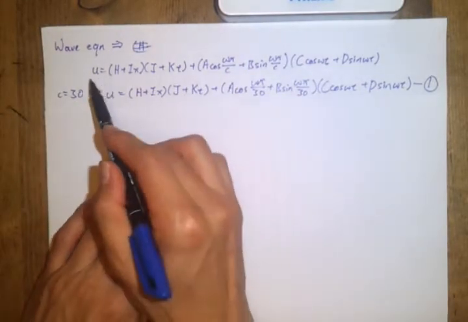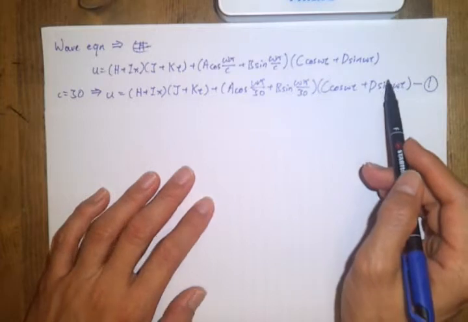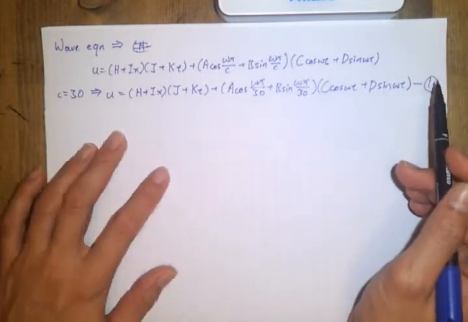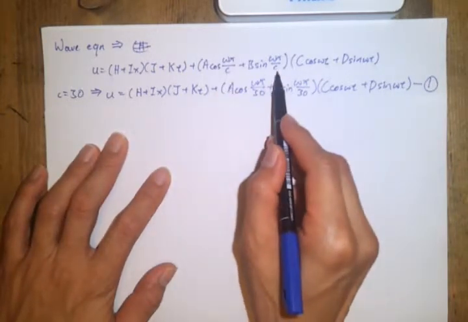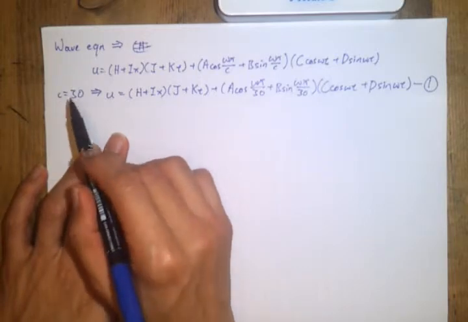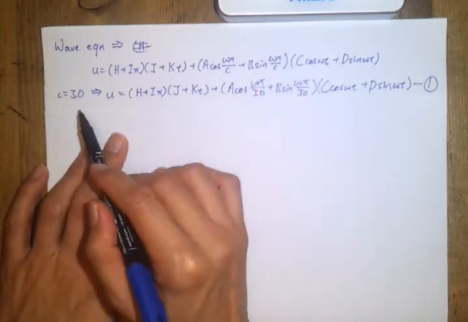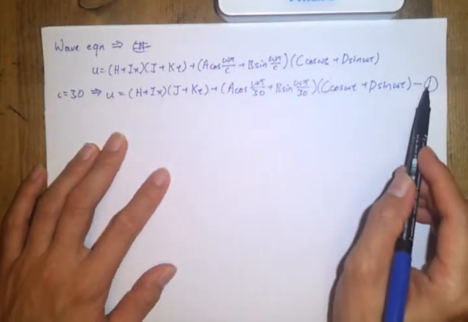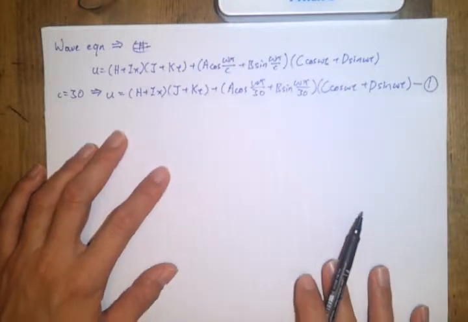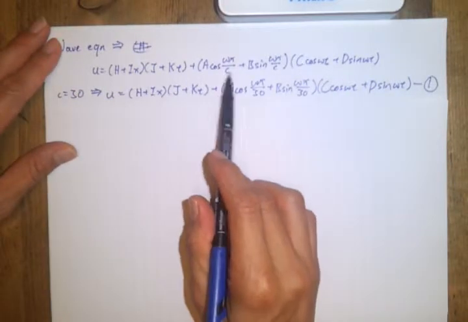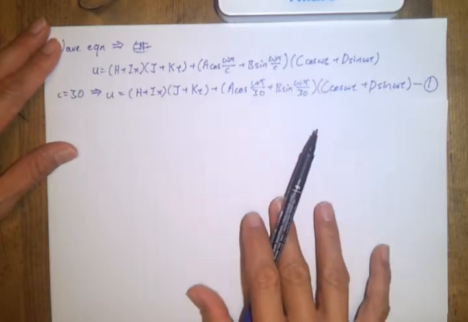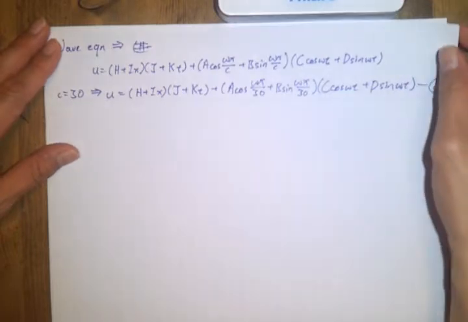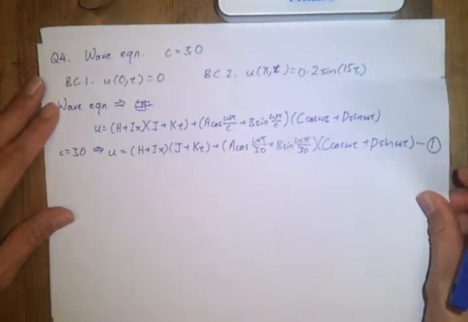So this is the general solution, right? And you're told that the wave speed c here is equal to 30. When you put c equals 30 into the general solution, this is what you get, equation 1. All I've done is put c equals 30. Now you can start using the boundary conditions.